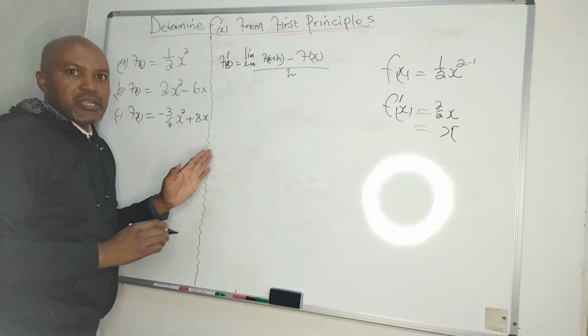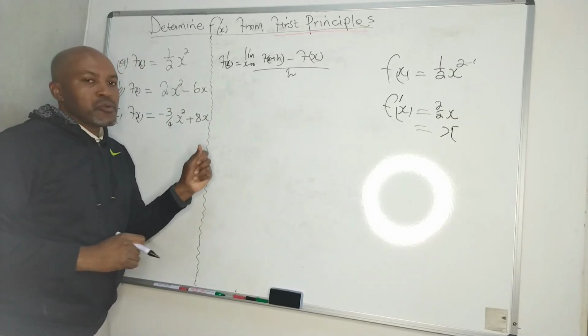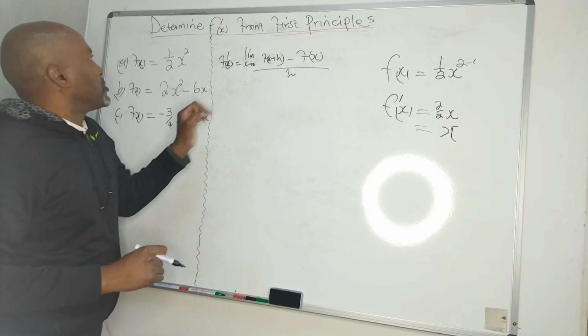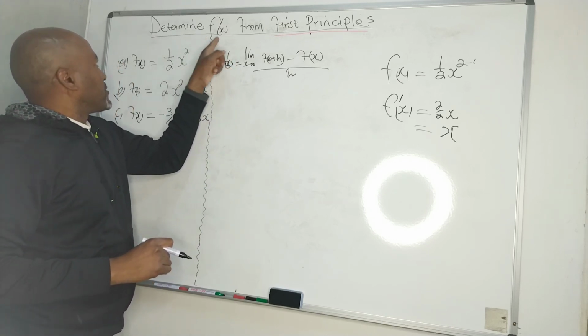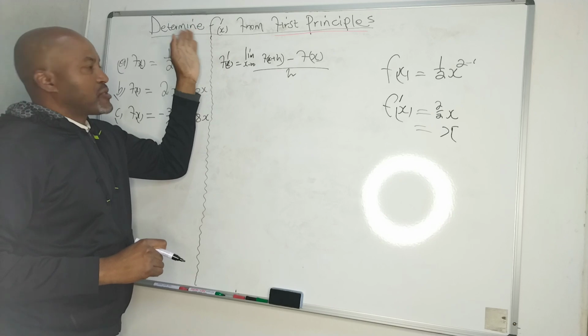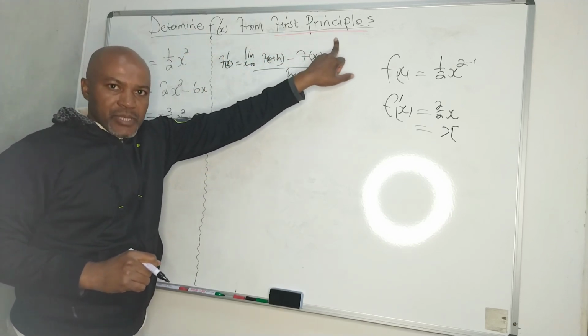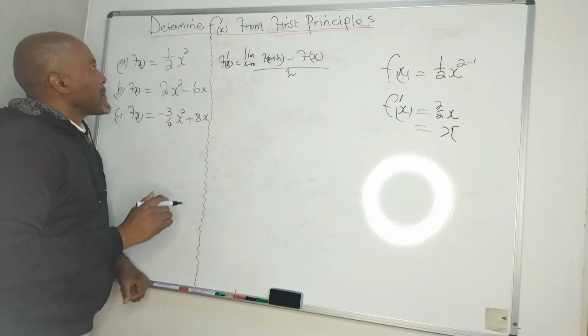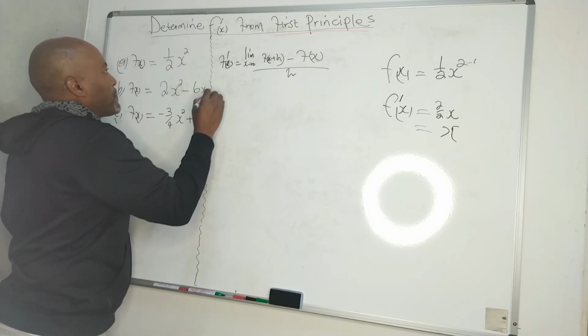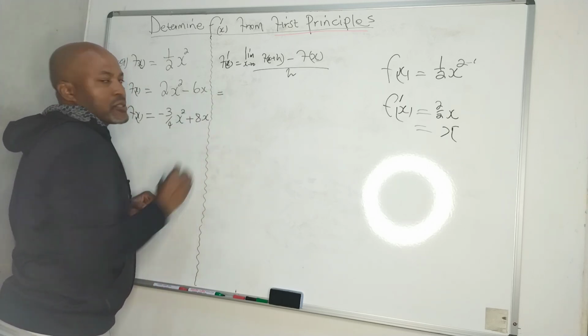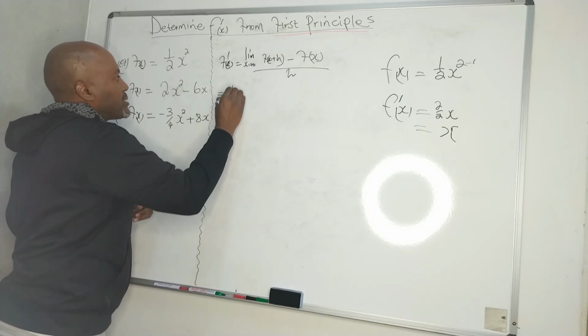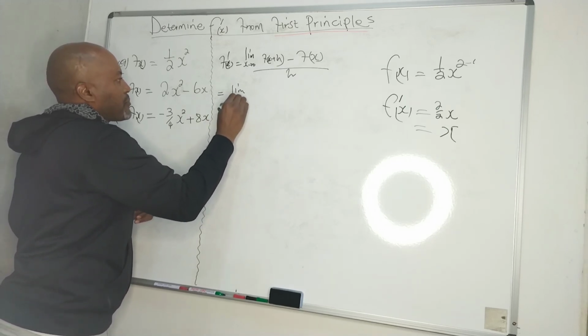This is the formula to use when you are asked to derive or differentiate using the first principle. Okay. Now you say, okay, this will be equal to the limit as h approaches 0.